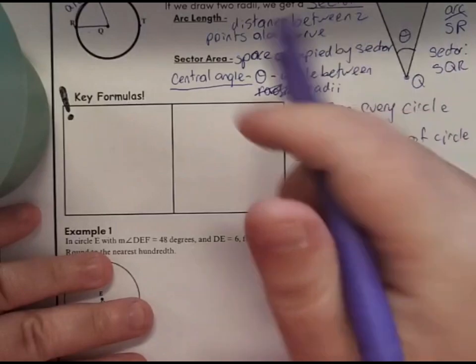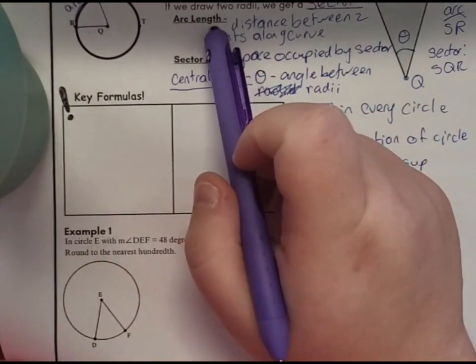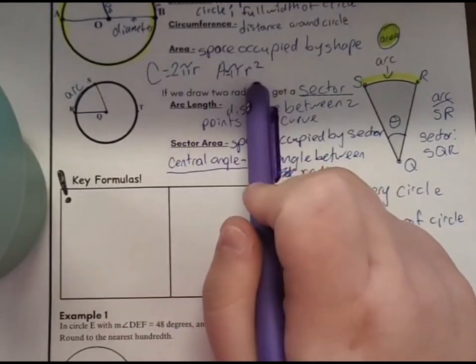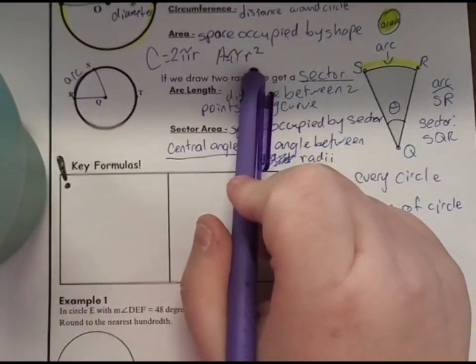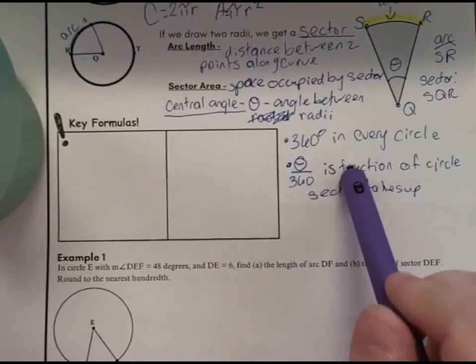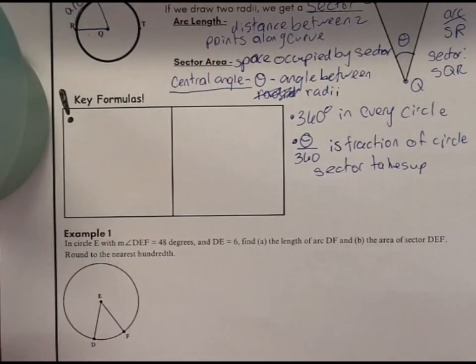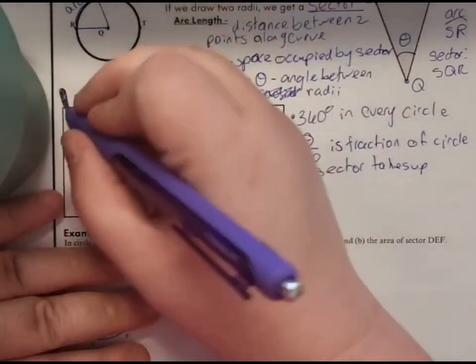Now, remember, our formulas for circumference and area are 2 pi r and pi r squared. If we take those and multiply them by this fraction, that gives us our sector area and arc length.